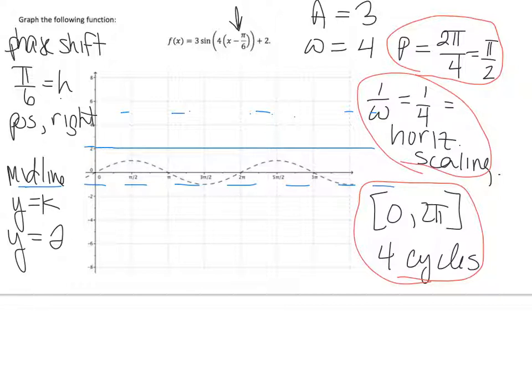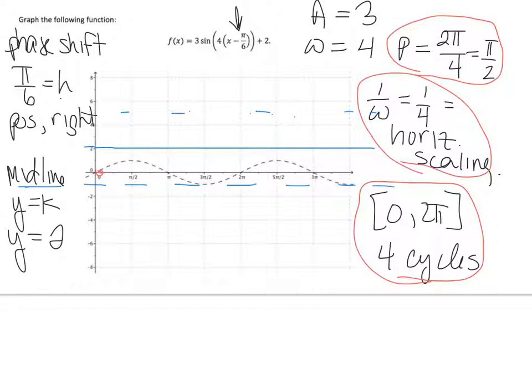A little bit of a guesstimate, but it'll be pretty close. Alright, what else do we know? We got our midline, we have our phase shift. Period is pi over 2. We have a horizontal scaling. I think the 4 cycles are going to help us sort of squeeze everything in.